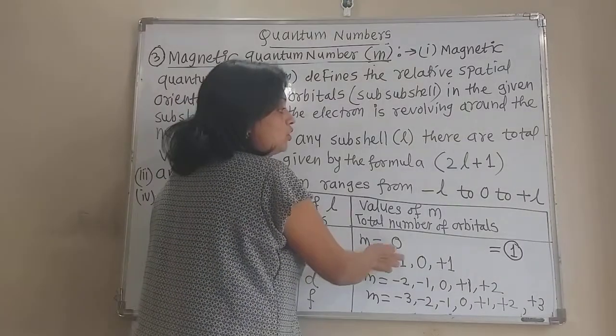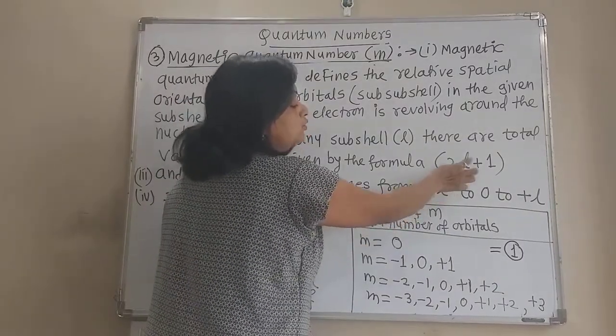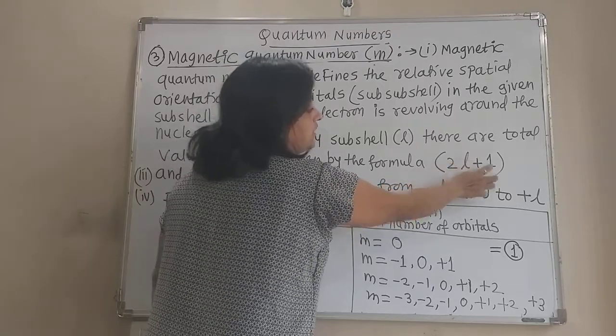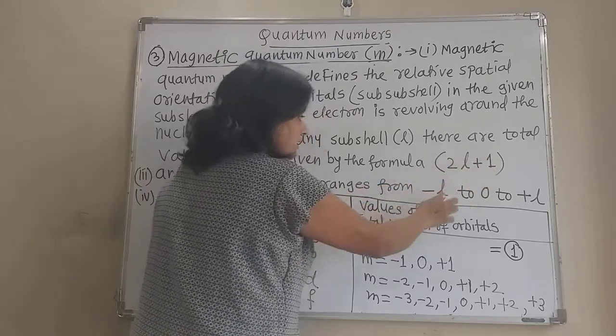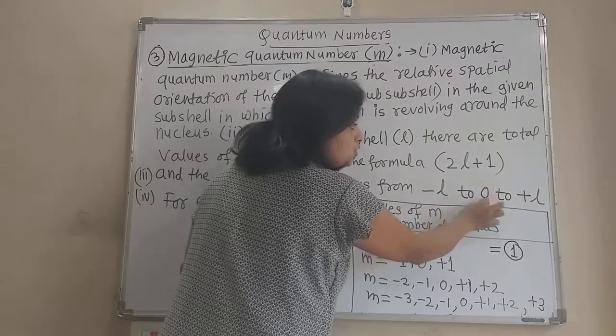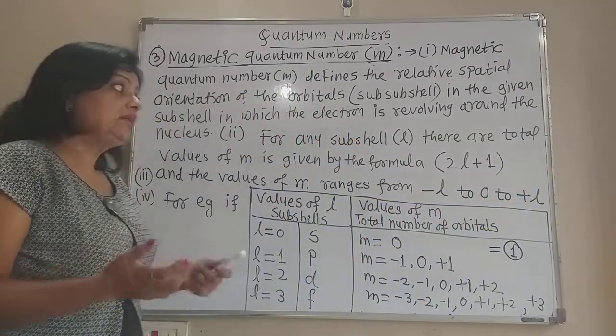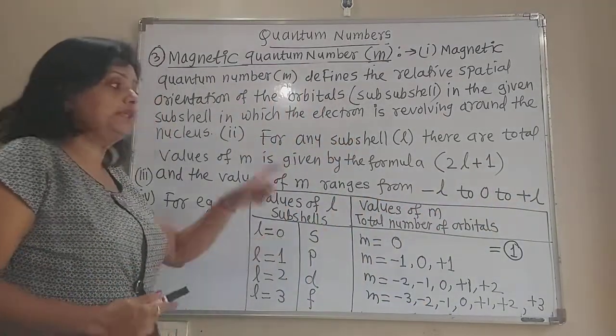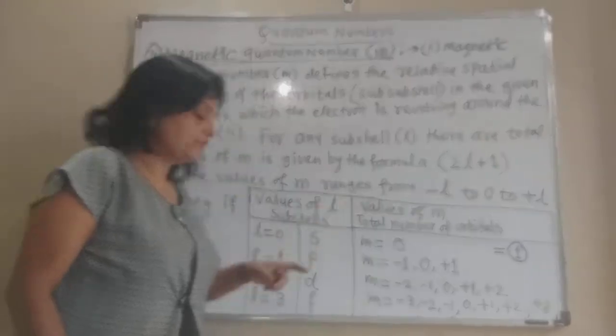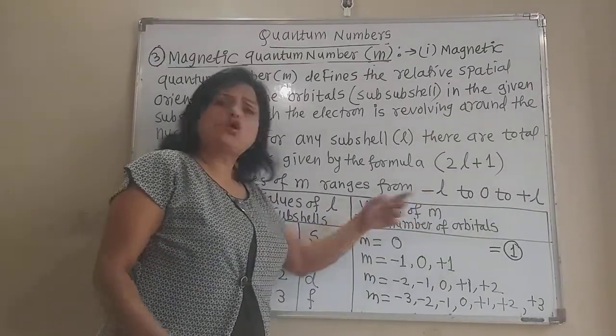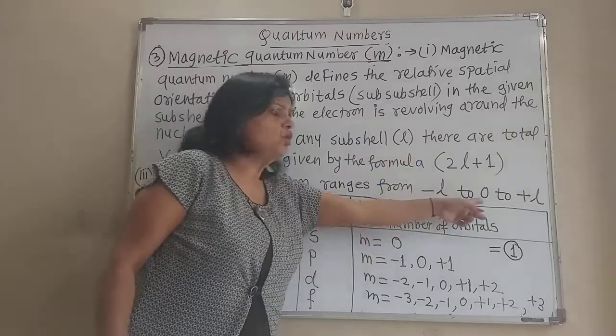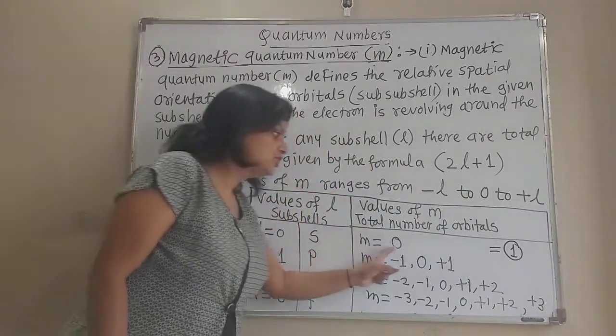How does it come 0? Because 2 into 0 plus 1 means 0 plus 1, which means 1. And m ranges from minus L, 0 to plus L. But L is equal to 0 here, so minus 0 and plus 0 are not there. Only 0. So the value of m is 0.